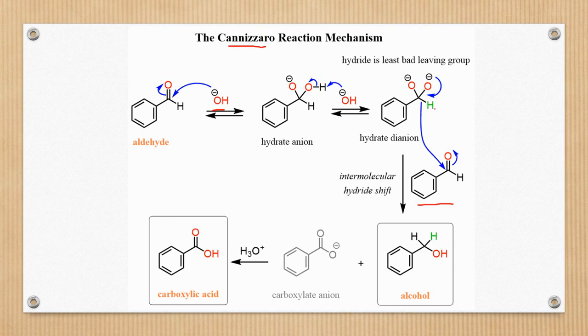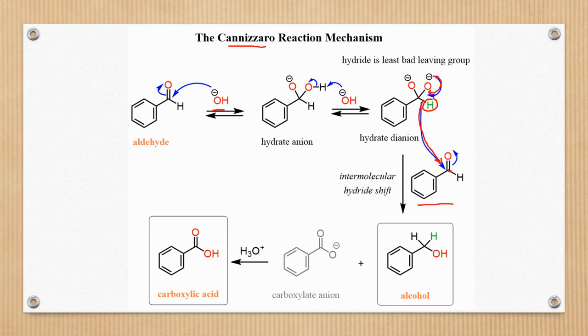So what will happen? This anion goes down and there is a hydrogen shift to this carbonyl carbon. Basically, this is the hydride. This is not the hydrogen ion, this is H negative, which is getting displaced to the carbonyl carbon.